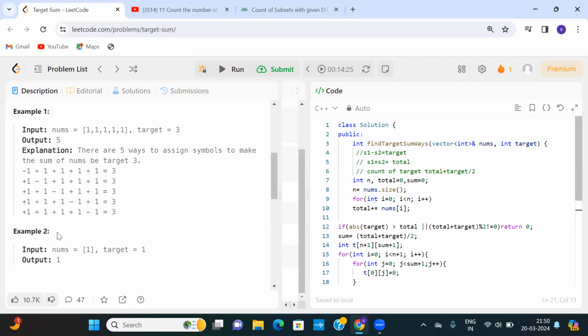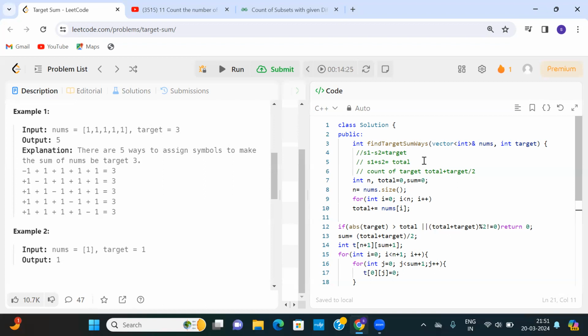In each of the expressions, we can see this particular thing. So what we are doing is dividing our nums into two subsets such that their difference is equal to target: S1 minus S2 equals target. Yes or no? And the second thing is S1 plus S2. We need to include each and every element of our array, right?